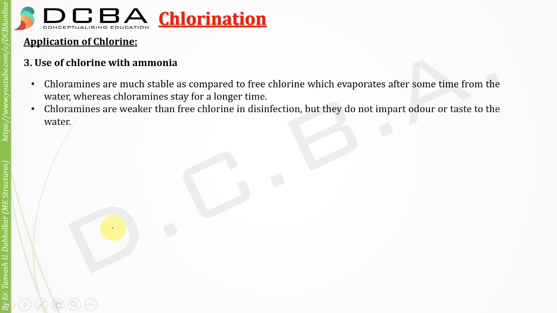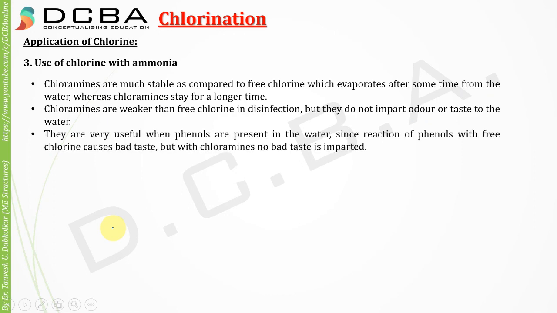Chloramines are weaker than free chlorine in terms of germicidal properties, but they do not impart odor or taste to the water. They are very useful where phenols are present in the water, since reaction of phenols with free chlorine causes bad taste, but with chloramines no bad taste is imparted. So this is one of the important properties, that chloramines do not impart odor or taste.